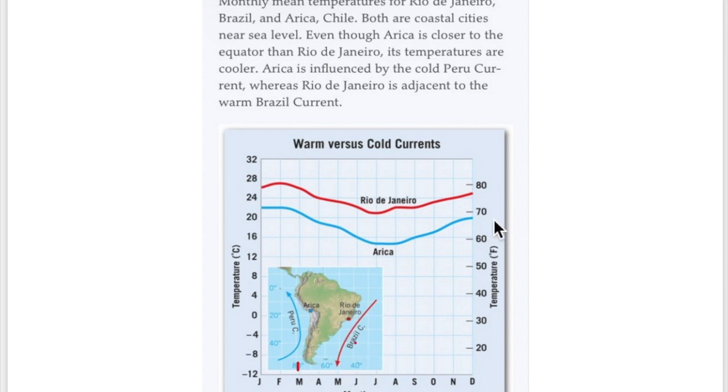And here we can see with Arica, the temperatures are below 70 degrees Fahrenheit, whereas with Rio, it's high 70s. So there's a difference there, and we could apply it to California, since we are nearby a cold current, the California current, so we have cooler temperatures compared to the East Coast.